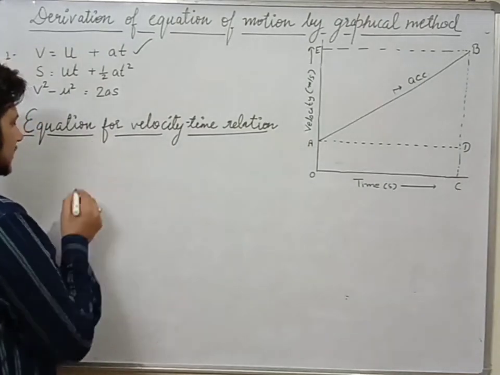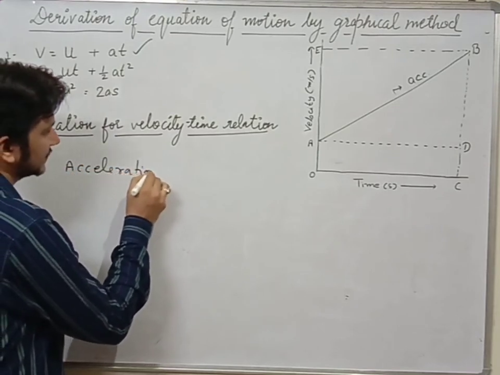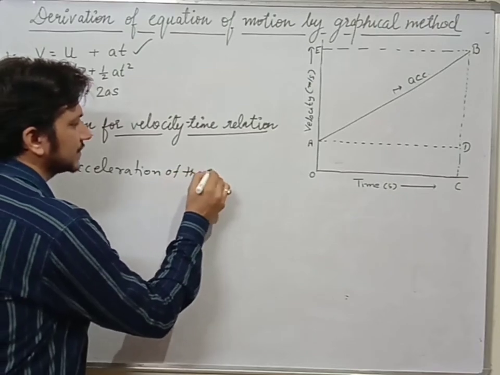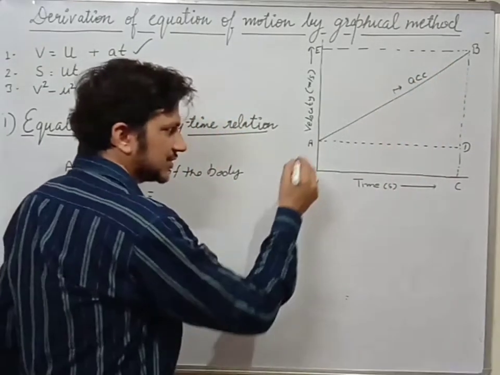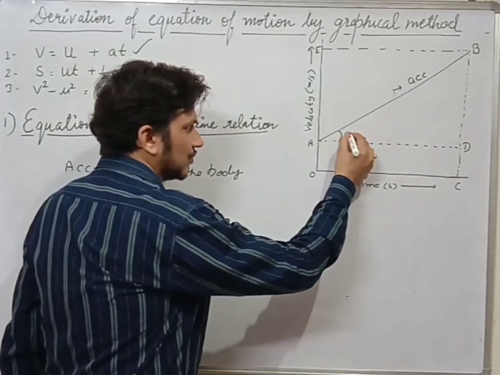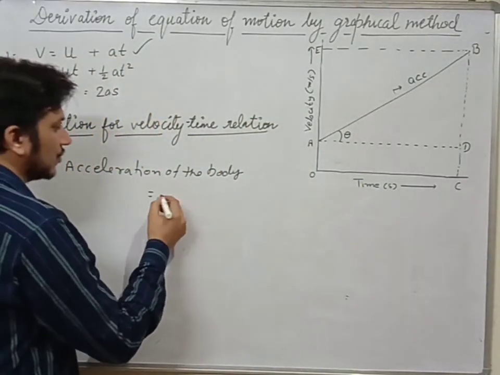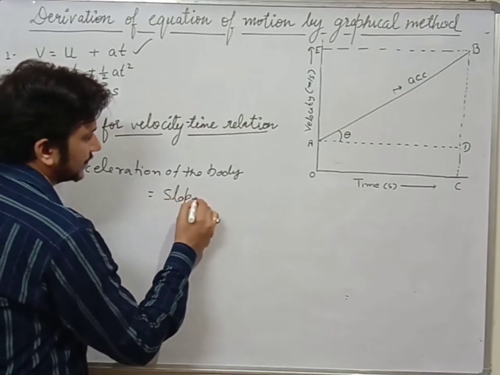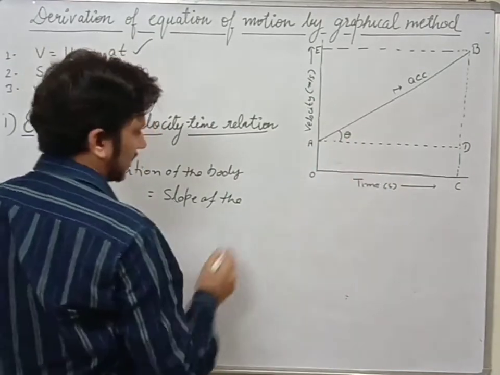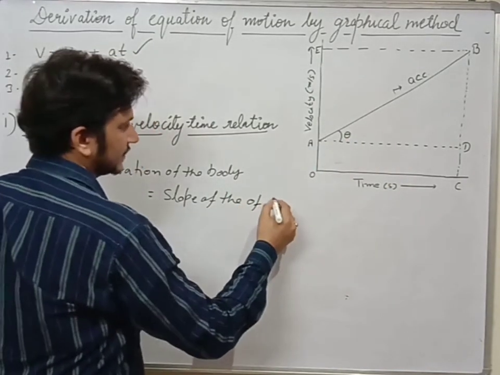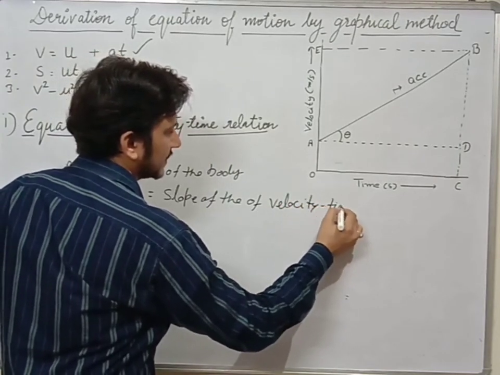Acceleration of the body equals the slope of the velocity-time graph. Suppose the slope makes an angle theta.